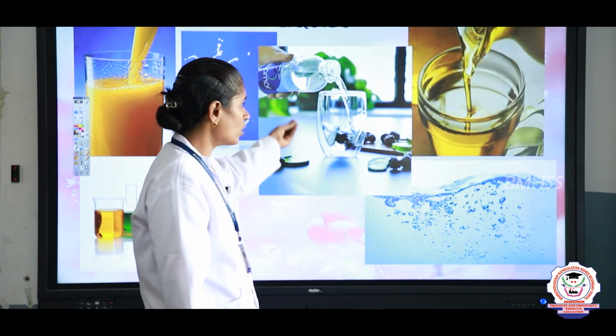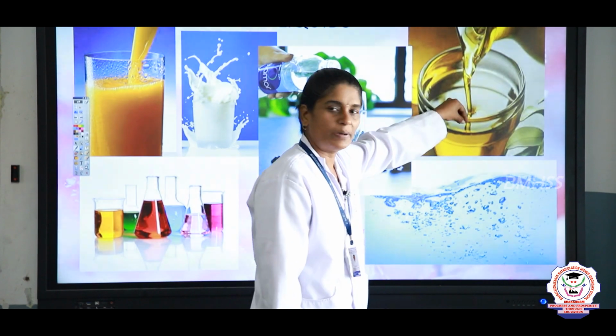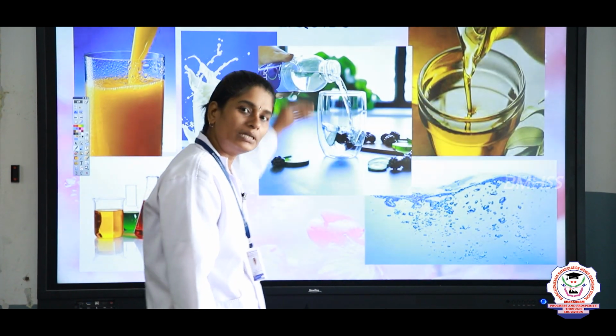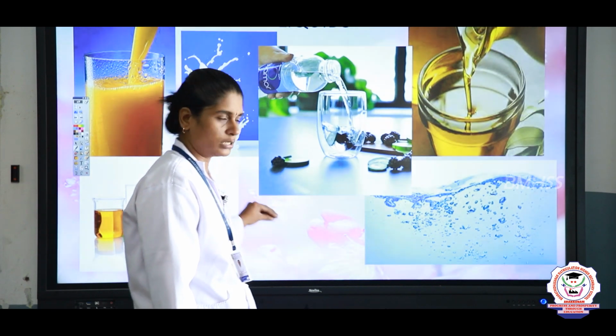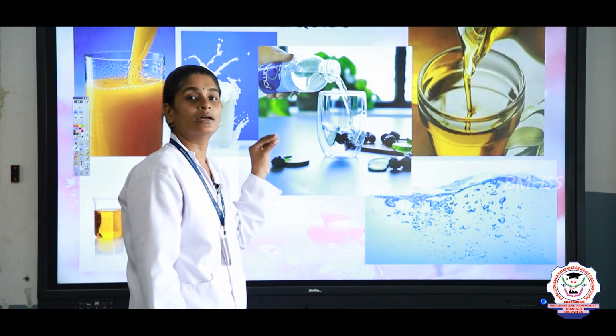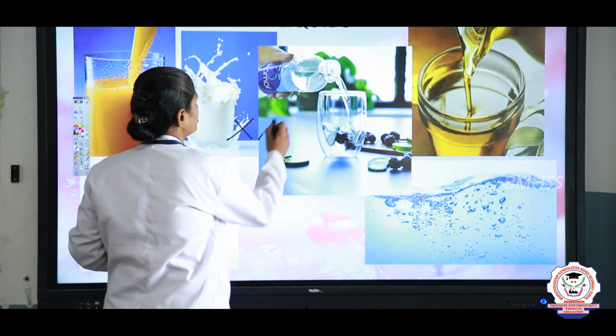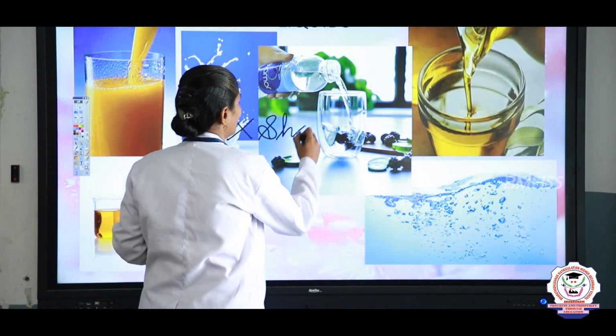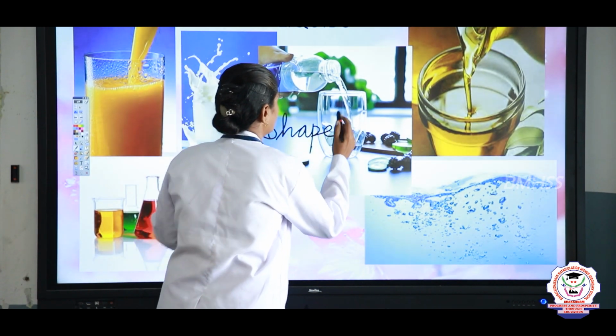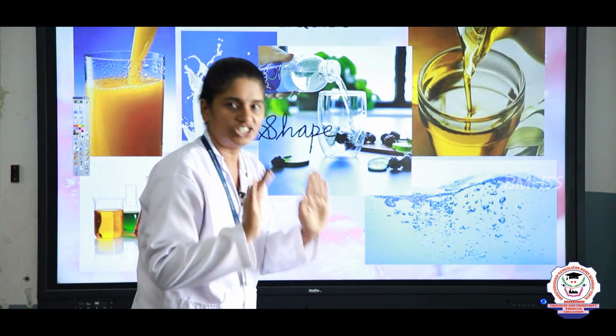When I pour this water into a bowl, it occupies the shape of the bowl. When I pour it into a bottle, it occupies the shape of the bottle. So liquids do not have a definite shape.